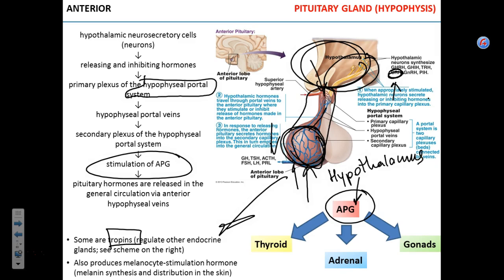So, hypothalamus, pituitary, thyroid. Hypothalamus, pituitary, adrenal. Hypothalamus, pituitary, gonadal. Those are three main hormonal axes in the human body. They're often called HPT, HPA, and HPG axis.